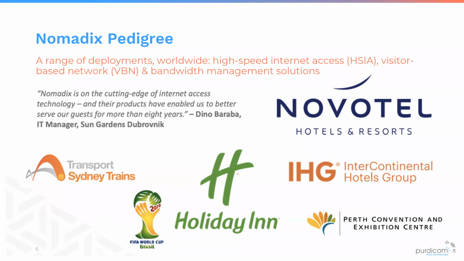They installed it on a number of beaches, Copacabana being one of them, all to give the public the opportunity to connect to a Wi-Fi network easily, for free, so that everybody had great wireless access and was able to watch all the games wherever they were throughout the day around Brazil. That shows how scalable this product is, from a single hotel, hospitality or MDU unit, from a transport trains perspective, all the way to accommodating such a large event as the FIFA World Cup.